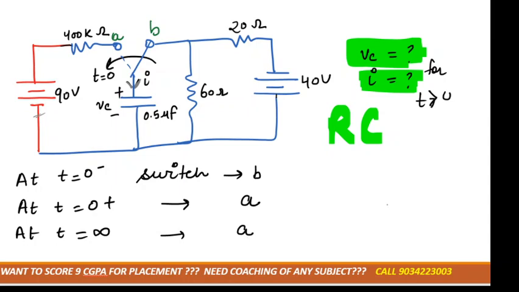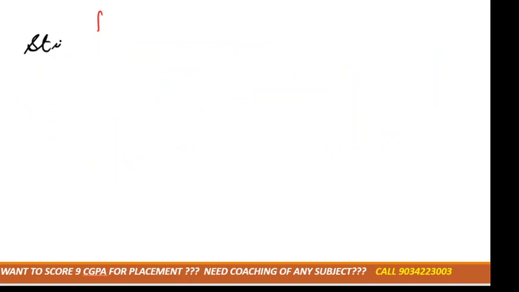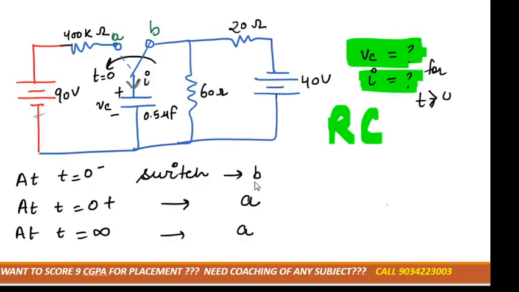So now move to our first step. Step number 1, we have to draw the circuit for t equal to 0 minus, right? At t equal to 0 minus, it is connected to B, right? We just need to connect this part only.